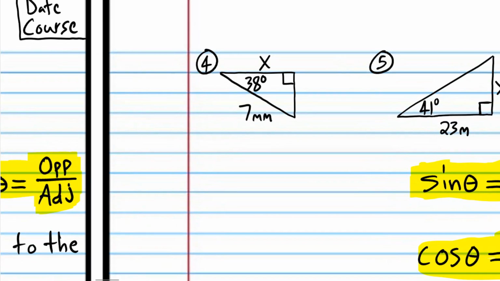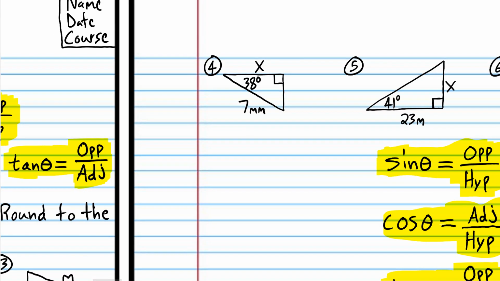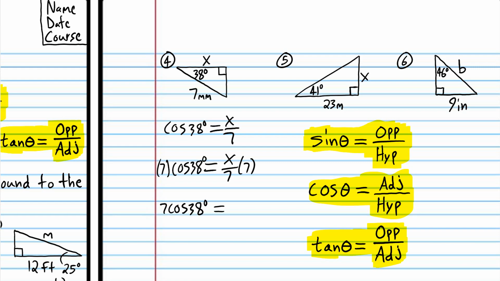All right, we're back. Now, using 38 as a reference, we have the adjacent side and the hypotenuse. Adjacent and hypotenuse, that uses cosine. So we have cosine 38 degrees is equal to x over 7. Multiply both sides by 7 to get rid of that fraction, and we end up with 7 cosine 38 degrees is equal to x.